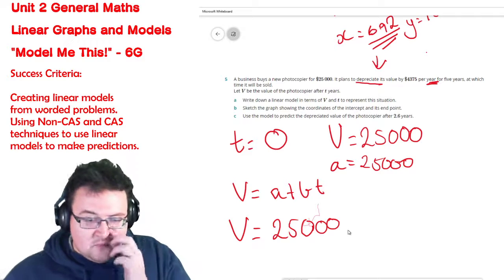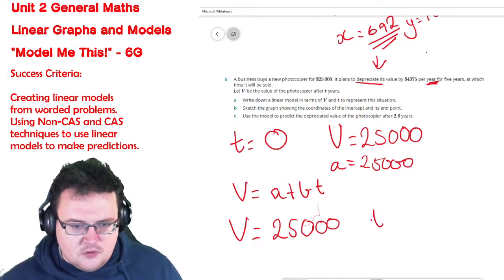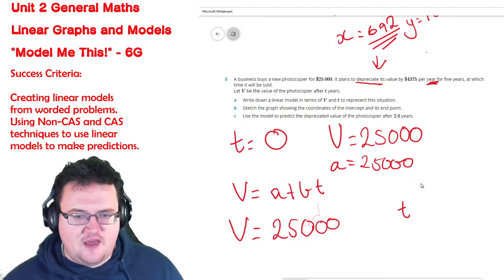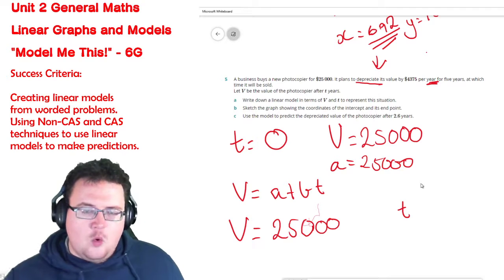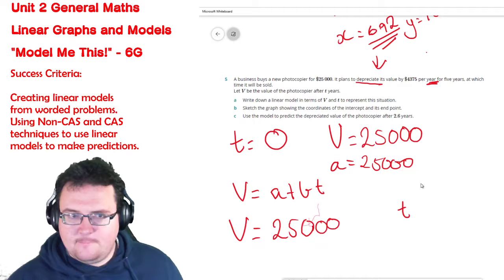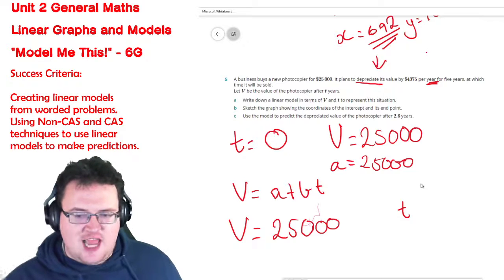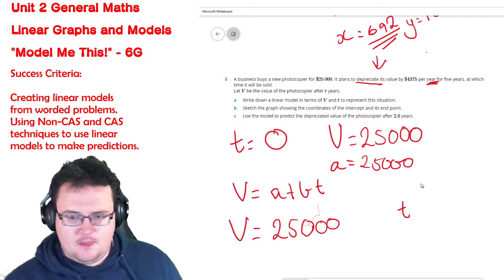Now, T is going to be my number of years. All right? So T is my number of years. We're going to put that out there. What's the change every year? Now, is that up or down?